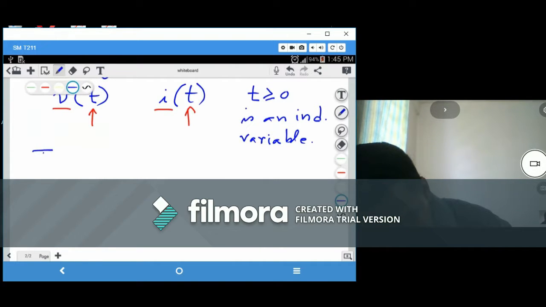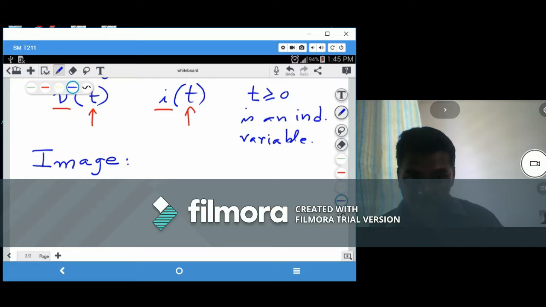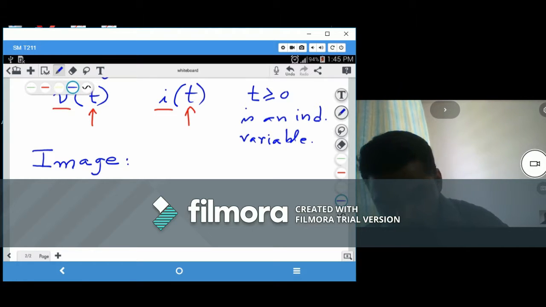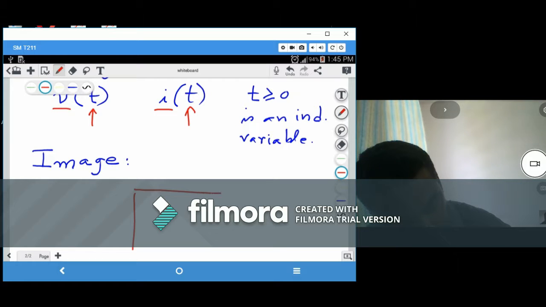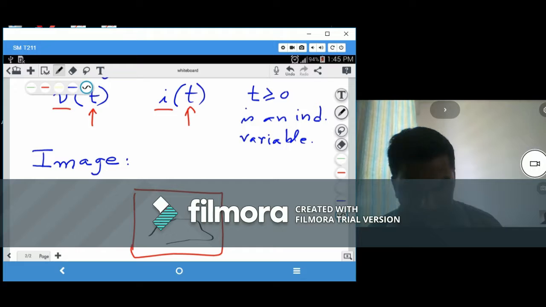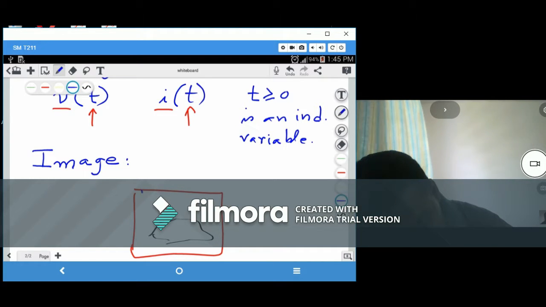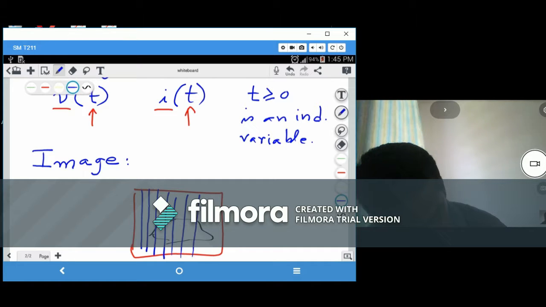So we consider the second example of a signal, which is an image. How do we represent an image? So an image is a picture. So let us draw an image. So the image is encapsulated inside this rectangular box. There is some object in this image. And a digital image, for instance, is comprised of a certain number of columns and a certain number of rows.